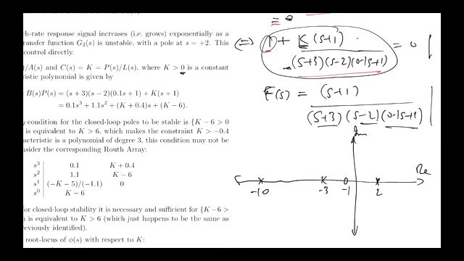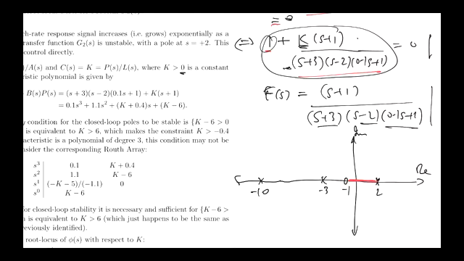Let's start by trying to identify the parts of the real axis that will be part of the root locus. We know that points on the real axis to the left of an odd number of poles and zeros of F will be part of the root locus because those points will satisfy the phase condition that defines the root locus. So this segment of the real line is to the left of an odd number, 1 in this case, pole of F. This will not be part of the root locus because it sits to the left of 1, 2.